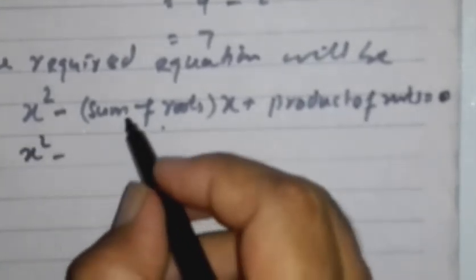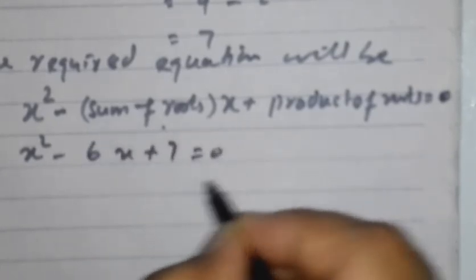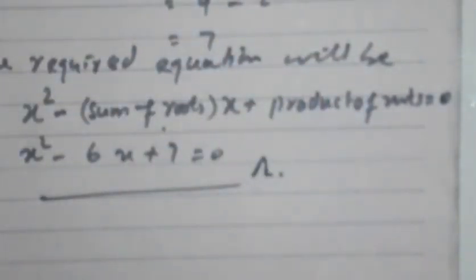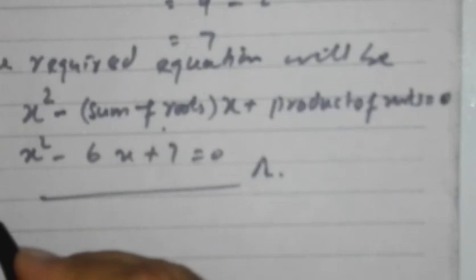Put the values here. X square minus, sum of roots value is 6x, and the P value is 7, equals 0. So you can also solve it like this, or you can use Sx and P as I did in the first two parts. Part 4 is your homework. Try it.